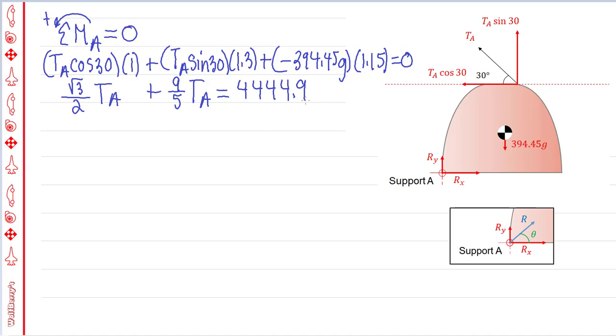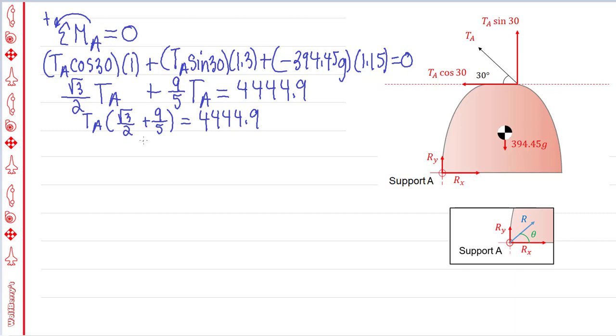That's when you expand that right term. Now take TA as a common factor, so we're going to have TA, open bracket, root 3 over 2 plus 9 over 5, close bracket, is equal to 4444.9.